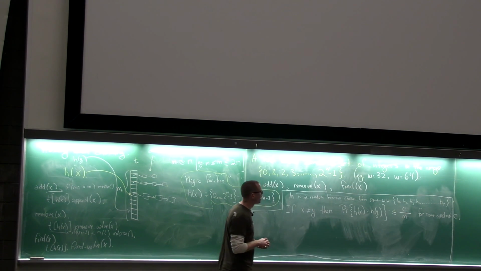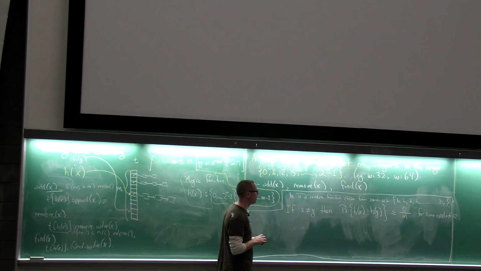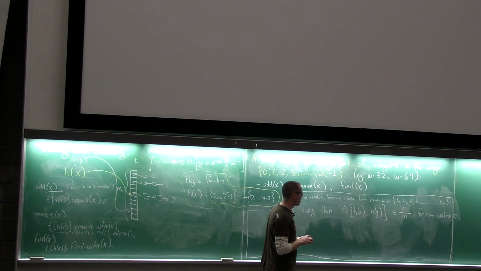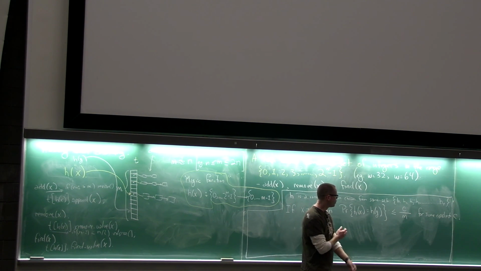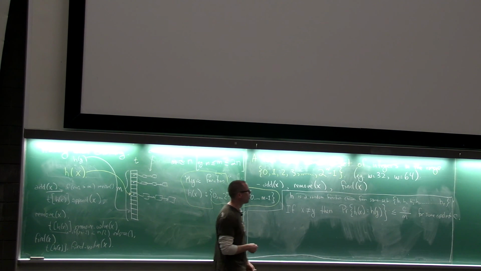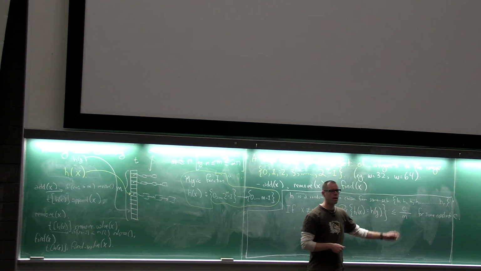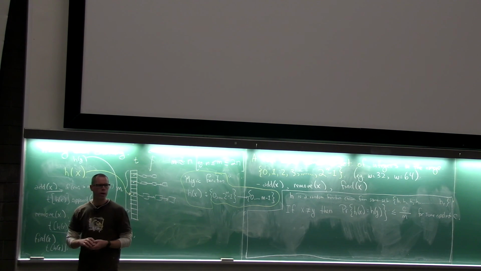So that's what we would like. That's the really critical property of this function that we would like: the probability that two elements that are different end up in the same slot is actually about the same as what would happen if they were both thrown into random slots. Okay?